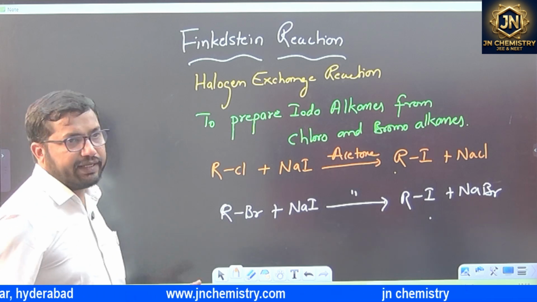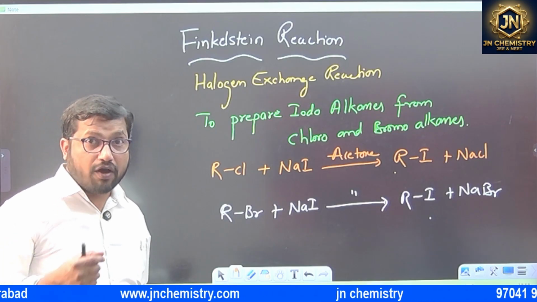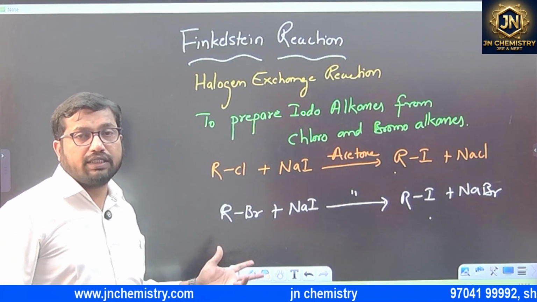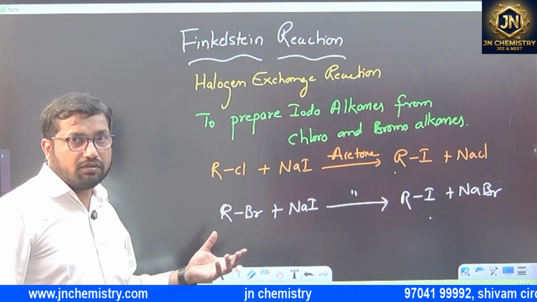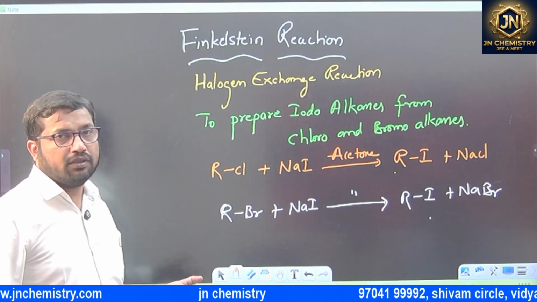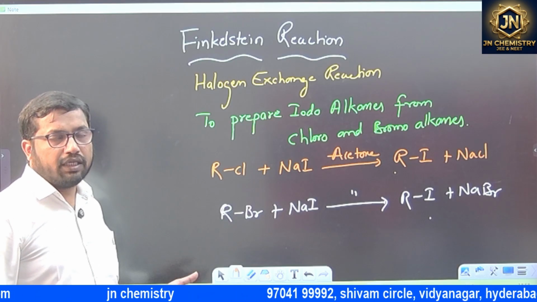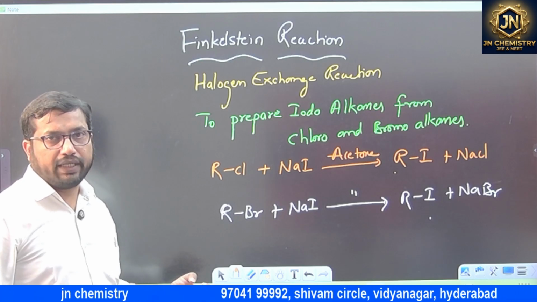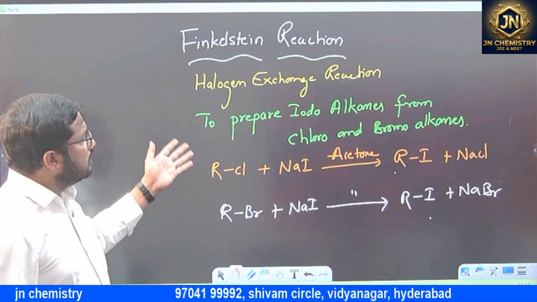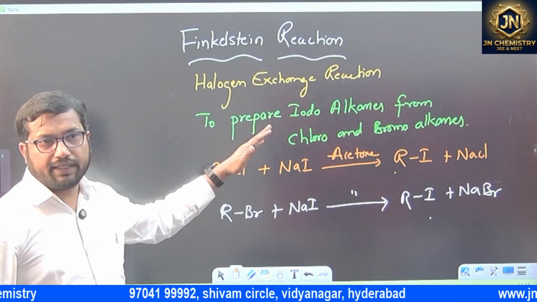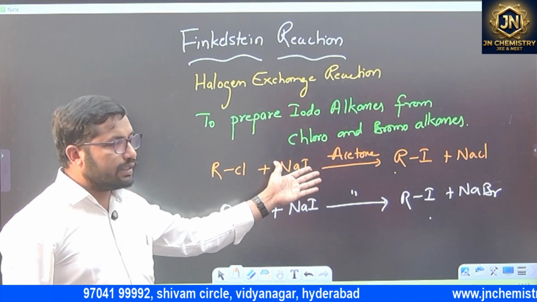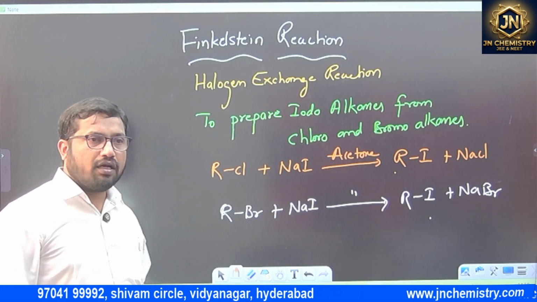We can prepare them directly, but then we have to use oxidizing agents so that we remove that HI, like HIO3, HNO3, HgO. To avoid that, first we make chloroalkanes. From chloroalkanes, if we add NaI, we directly get iodoalkanes.